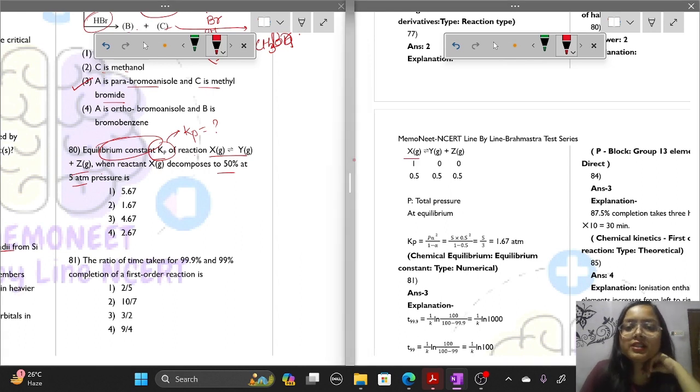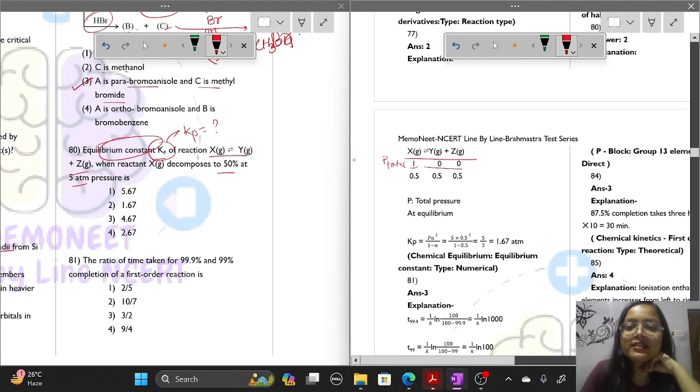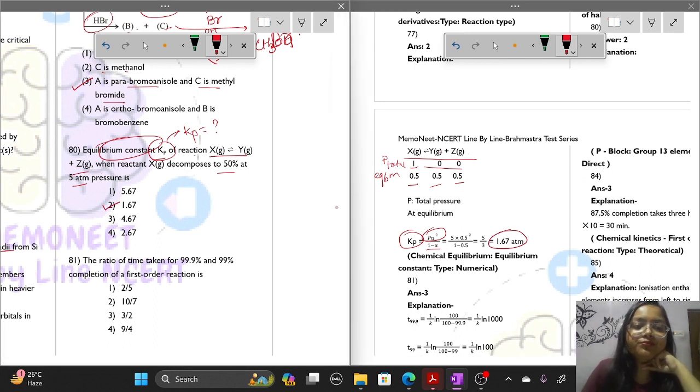At total pressure P, X is 1, Y and Z are 0, and at equilibrium, X is 0.5, Y is 0.5, Z is also 0.5. So on solving, the value of Kp, which is P alpha square by 1 minus alpha square, comes out to be 1.67 atm. Option number 2, 1.67 atm is the correct answer.